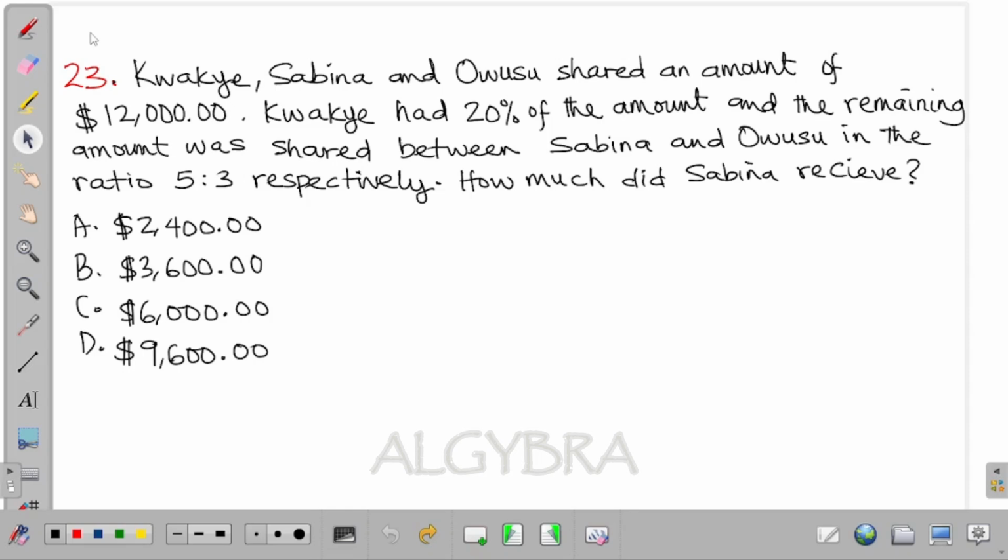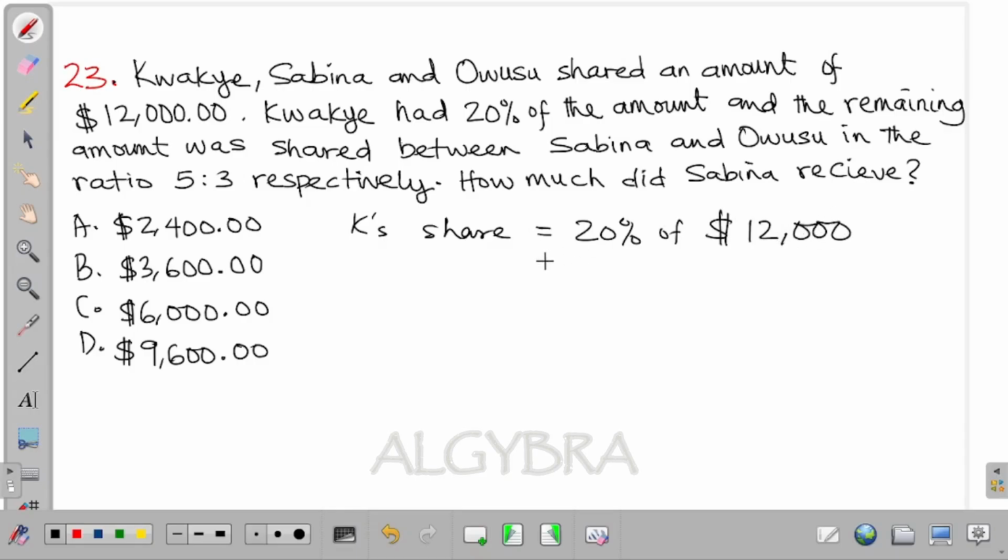Okay, so now to understand how much Sabina received, let's break down the problem step by step. First step, let's calculate how much Kwakye got from the money that was given to them. So Kwakye's share, let me call it K's share, is equal to 20% of $12,000.